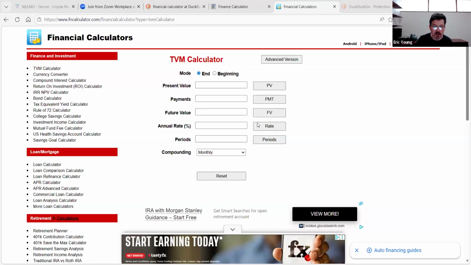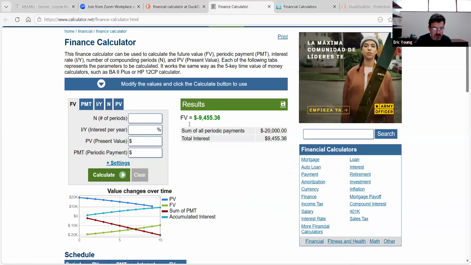And let's figure out how to do it. I actually want to go to this one first because I want to show you something here. We see up here the calculator itself. Notice that there are 5 variables here: FV, PMT, I, N, and PV. This calculator has the exact 5 variables that we've talked about.